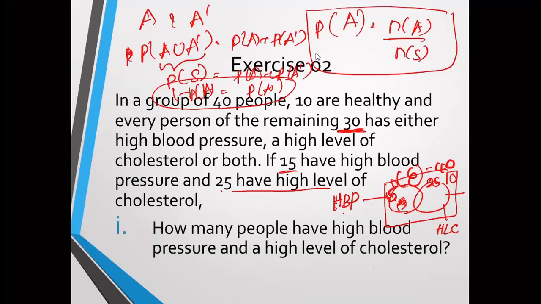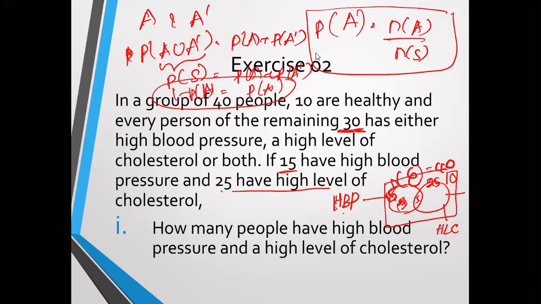Okay. Let's say the number of people who have high blood pressure and high level of cholesterol, that means both diseases, are X. You can take any symbol, right? Then there are 15 people who have high blood pressure.